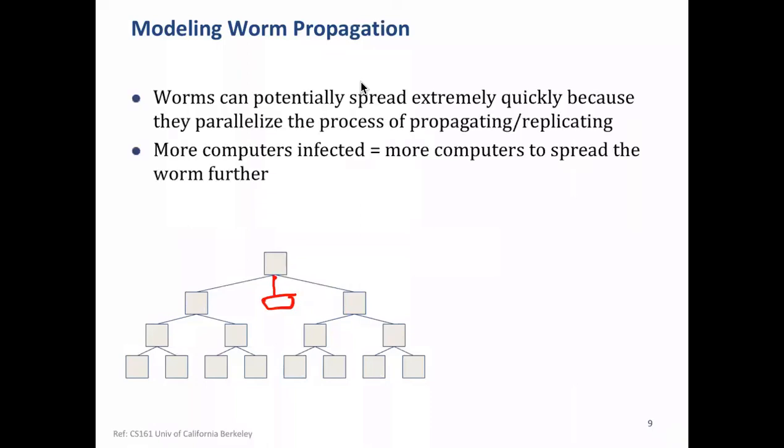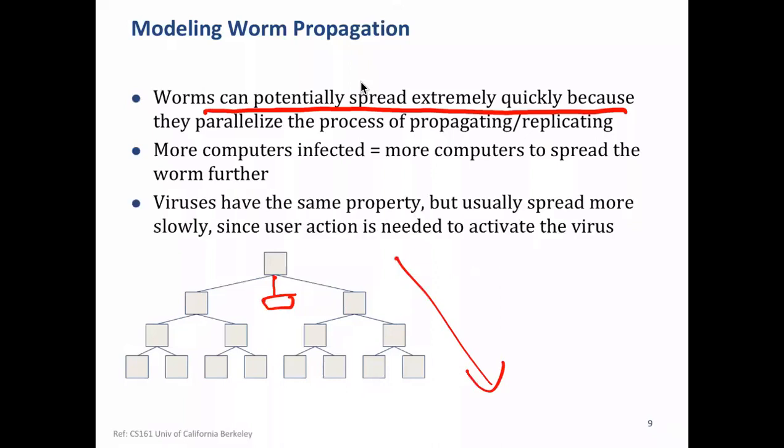So we can see that in the beginning it spreads exponentially. As more computers are infected, the spread increases, right? As the number of levels goes up, more nodes are covered, and after some time almost all vulnerable computers on the internet get infected by this method, right?